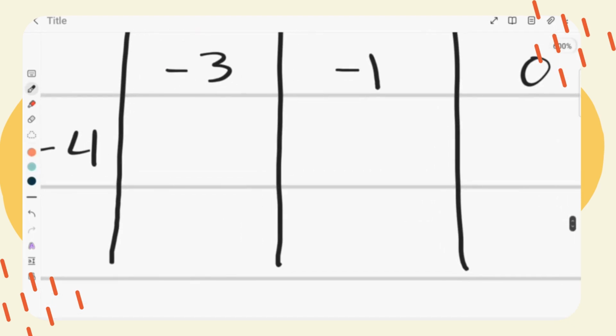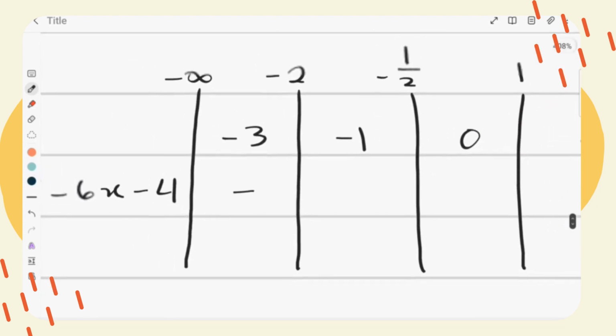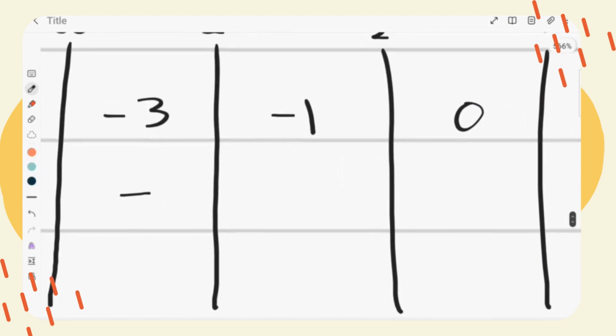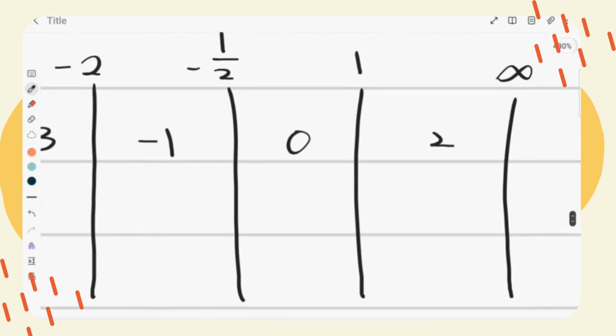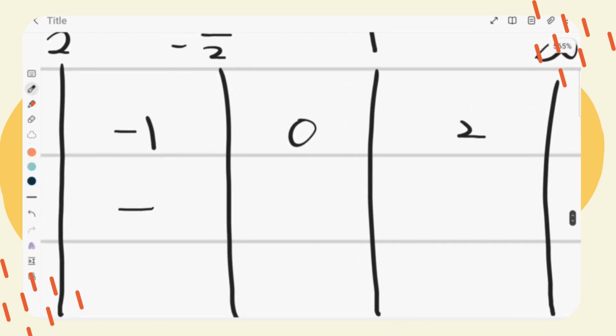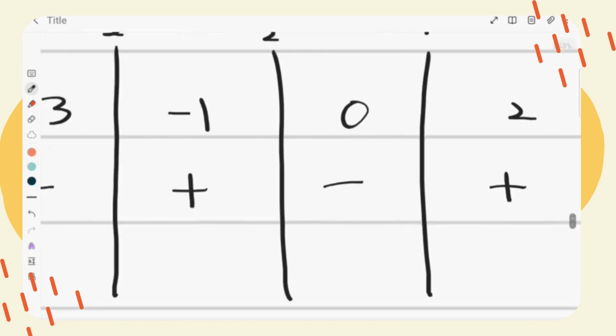For this answer is negative, and then if we substitute negative 1 into f prime x, we will get positive, then this negative, and then we will get positive.